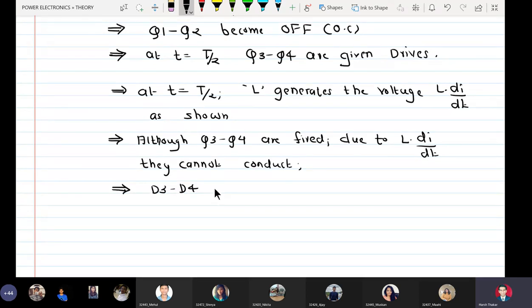D3 and D4 get forward biased and they conduct.